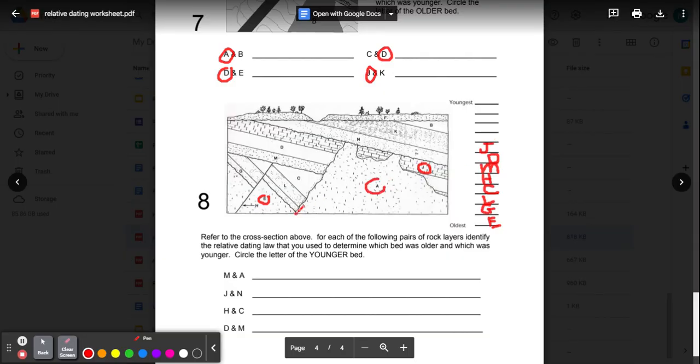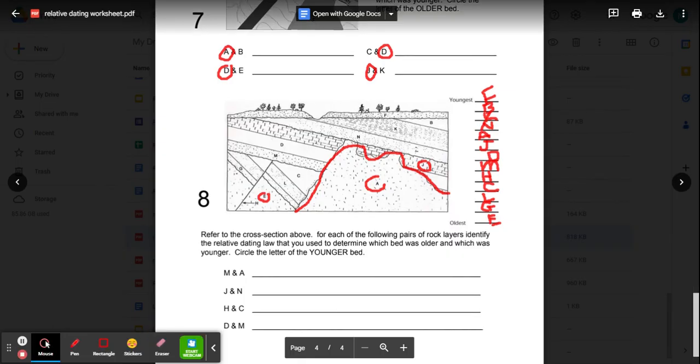A covers all of this stuff. Look at that. So it's got to be A, and then N, K, B, and then F. Sorry for my terrible writing. Oh my goodness. It's awful.